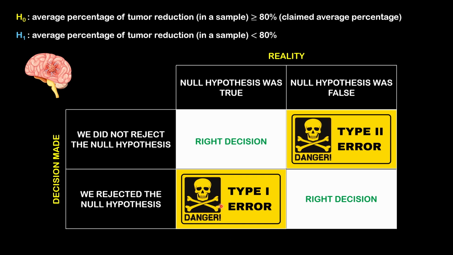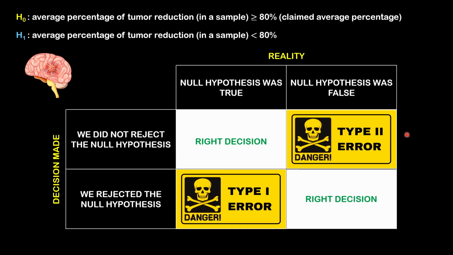Then, because we committed a type 1 error, this drug is not going to be marketed, and a lot of these patients are going to lose months or even years of survival time. Whereas if we had made a type 2 error, the consequences would have been less serious since the drug's side effects are not too severe.